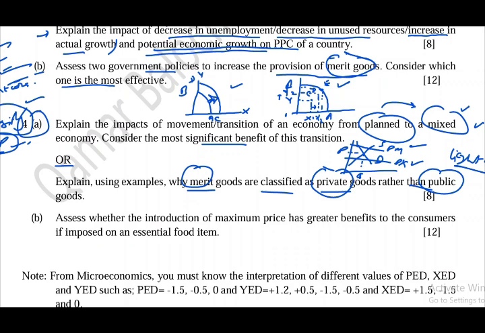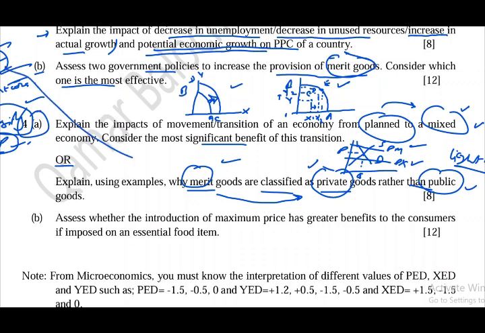Okay, so now moving to why merit goods may be classified as private goods and why they might be classified as public goods, and then at the end you will have to conclude that merit goods are always private goods because they are excludable and rival. For example, if you are getting education in a university, then everyone is not allowed to enter the university.